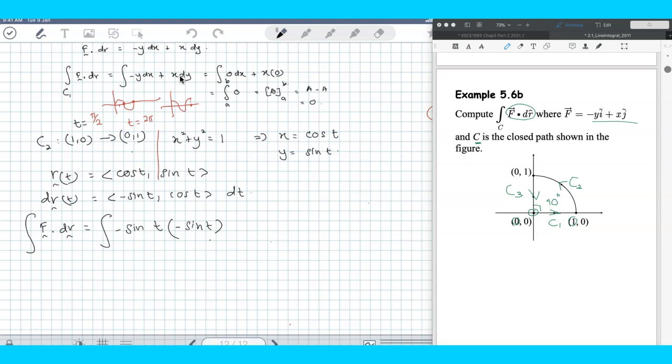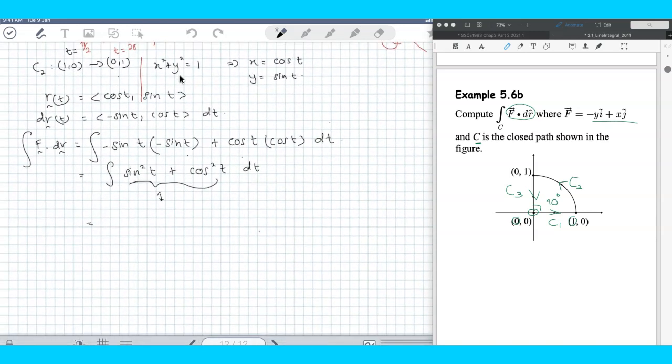And plus x. So x is cos t, and then dy is cos t dt. Then we have sine square t plus cos square t dt. And this one can be simplified using identity.